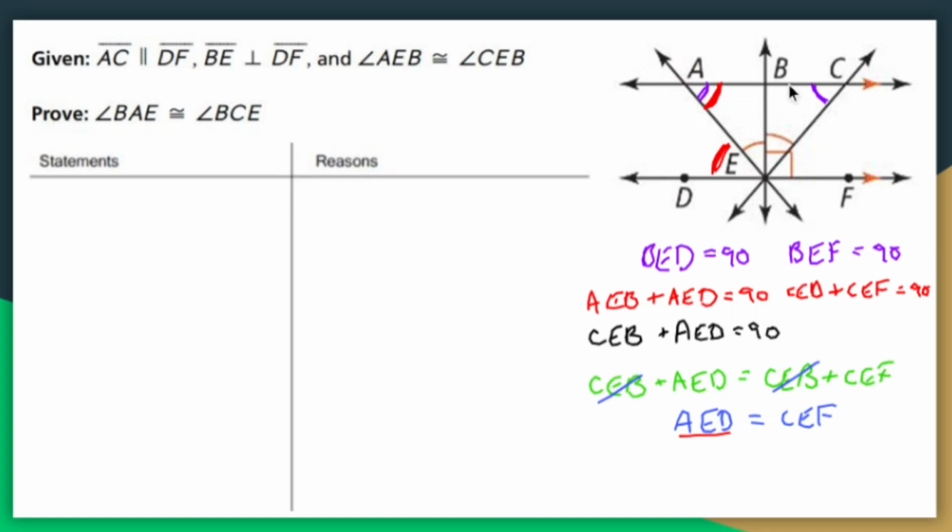Okay, they want me to use BAE, not CAE. Annoying, but that's what they want me to do. These guys are congruent. Why? Because this is parallel and these are alternate interior angles. So I can say BAE is congruent to AED.